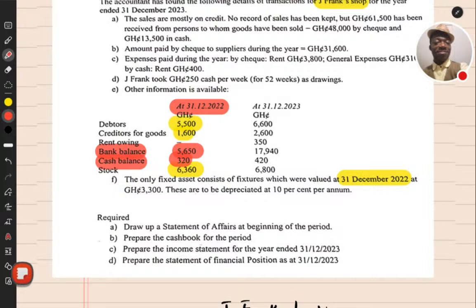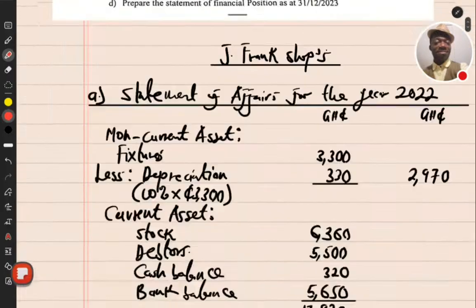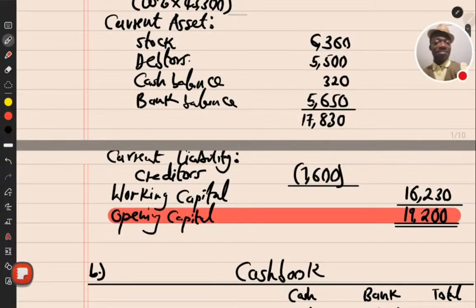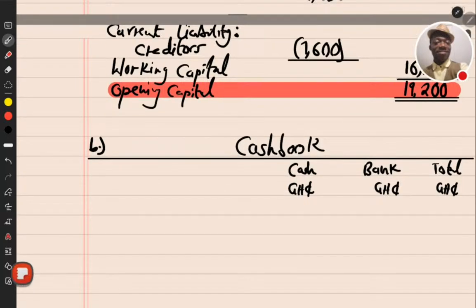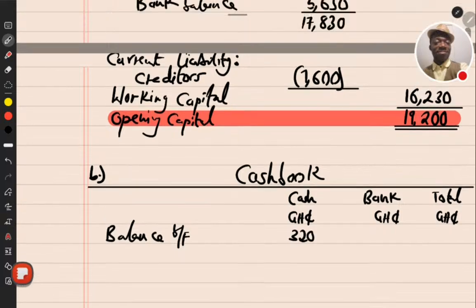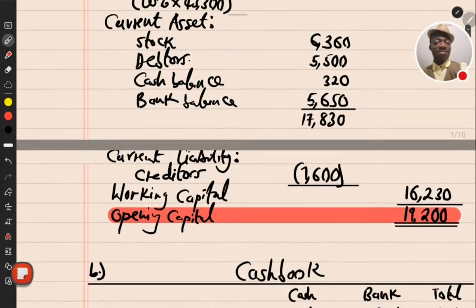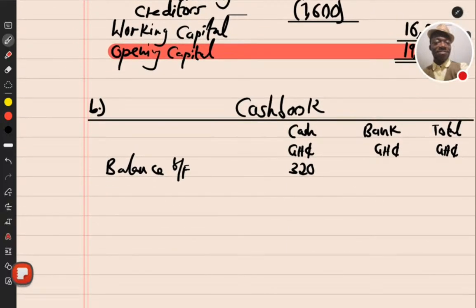So these balances will become the opening balances for the year 2023. So we bring that up here as balance brought forward. For cash, it is 320, and for bank, 5,650.